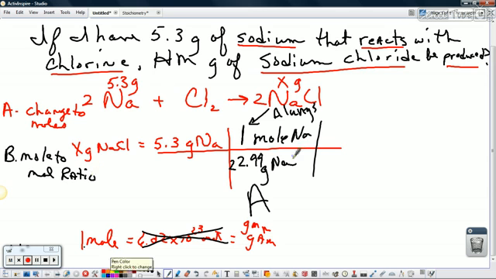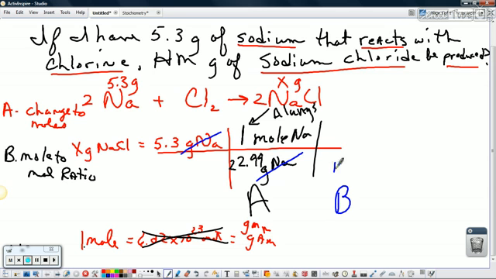All right. Now I'm going to cancel grams of Na, and I've got moles of Na, and this is the step that allows me, the B step, allows me to move from one part of the balanced equation to another part. So what part am I moving away from? Where am I right now? Na.